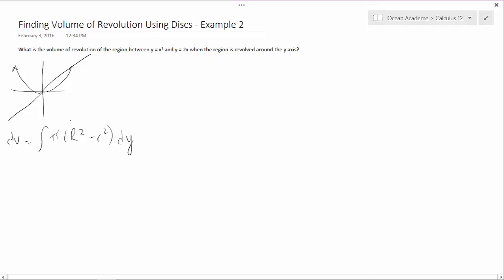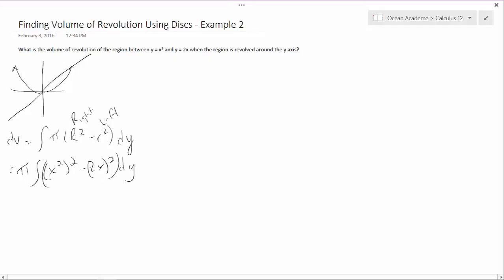So in this case, it will be the right curve minus the left. So to illustrate this, we can pull out our pi, and we've got x squared minus 2x squared dy.